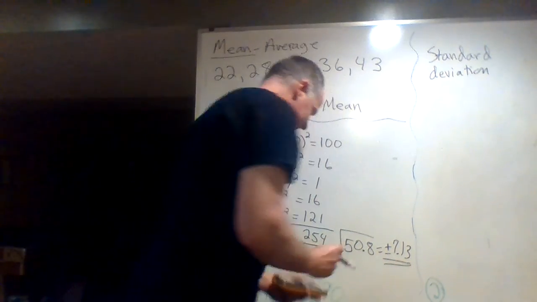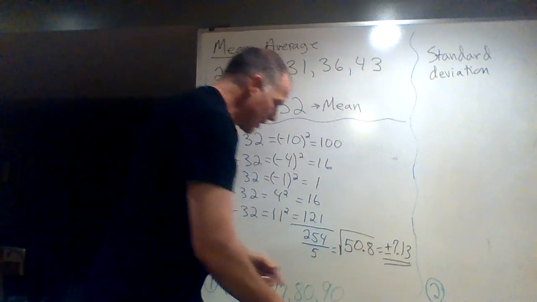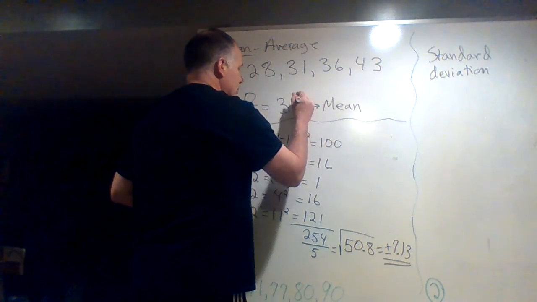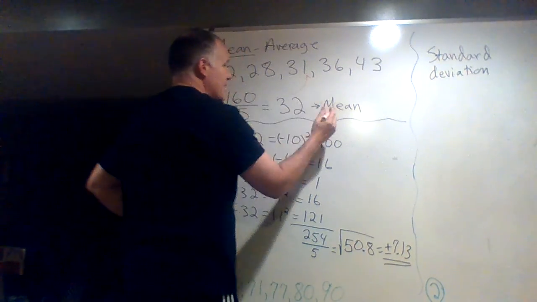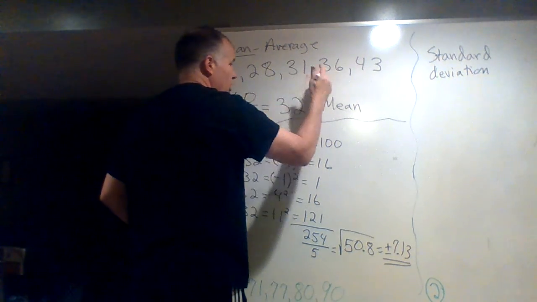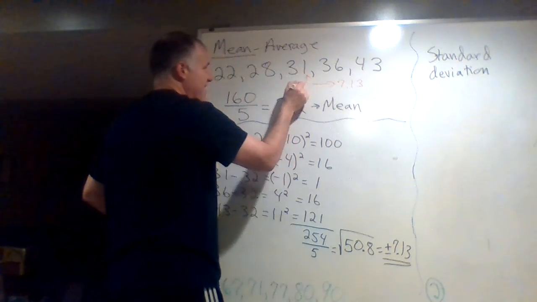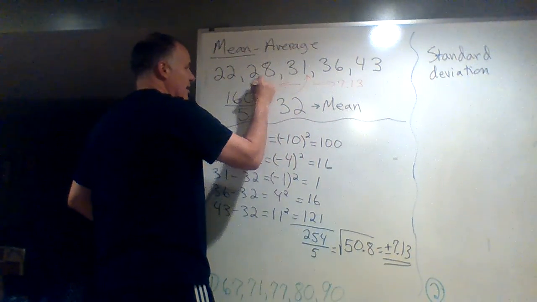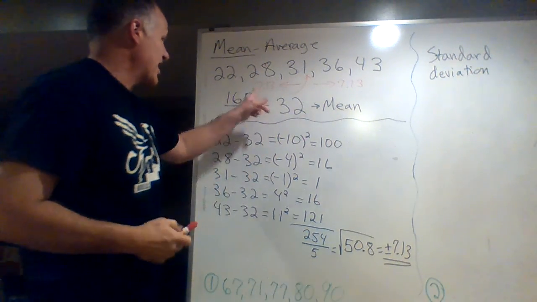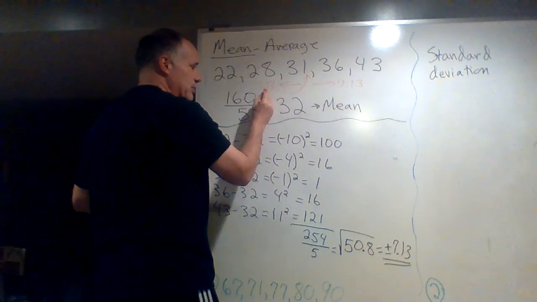Now, you can see that I put positive and negative. What we're talking about is that 32 is my mean, and the standard distance from that mean with all these numbers is up 7.13 and also, on average, down 7.13. The negative is the down, the positive is the up, though they wouldn't actually write the negative.